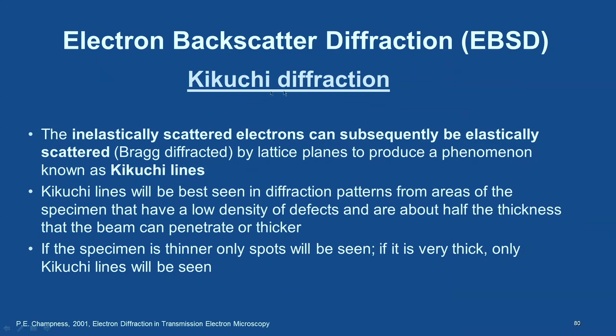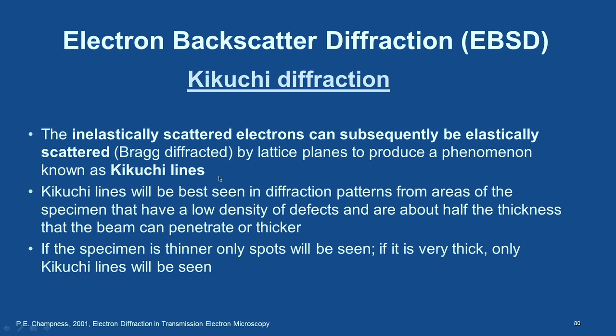So, this electron backscatter diffraction, EBSD, is also called Kikuchi diffraction. The inelastically scattered electrons can subsequently be elastically scattered, that is, Bragg diffracted by the lattice planes, to produce a phenomenon known as Kikuchi lines.